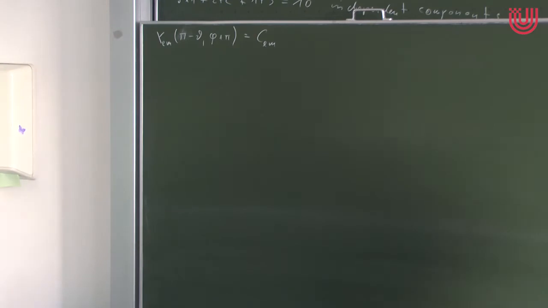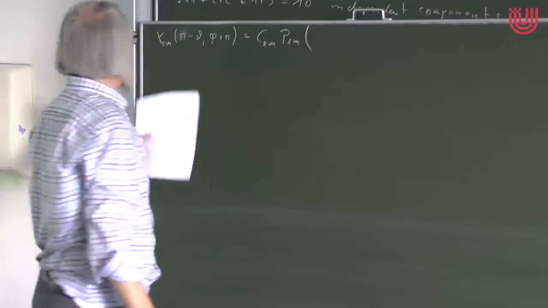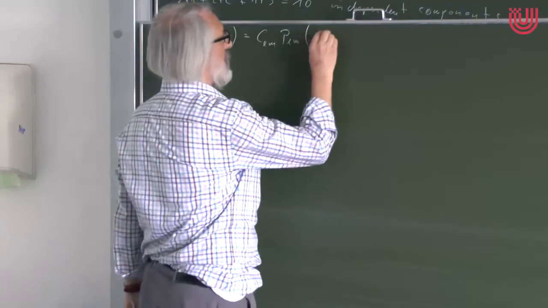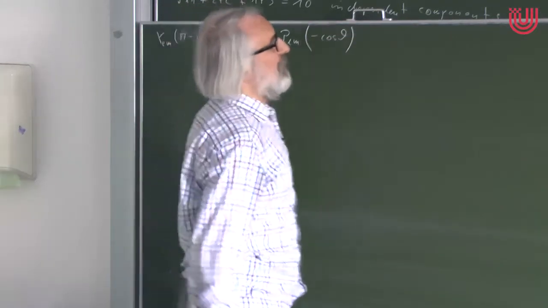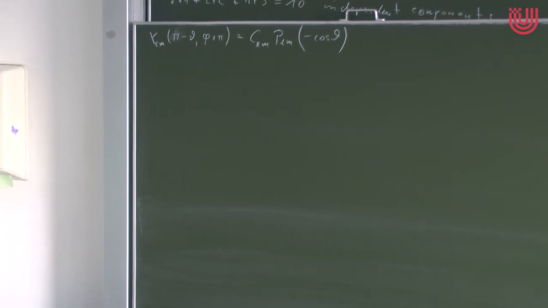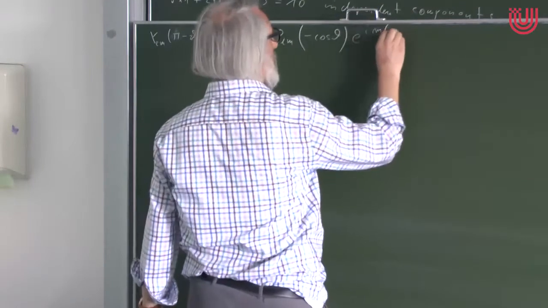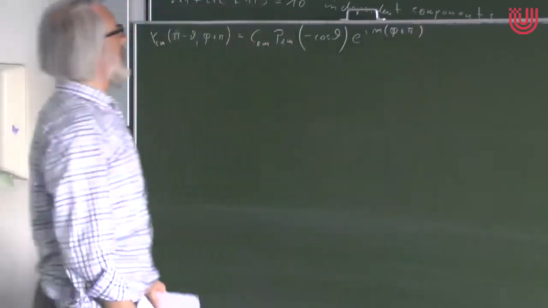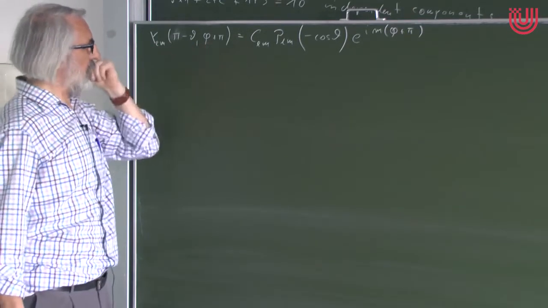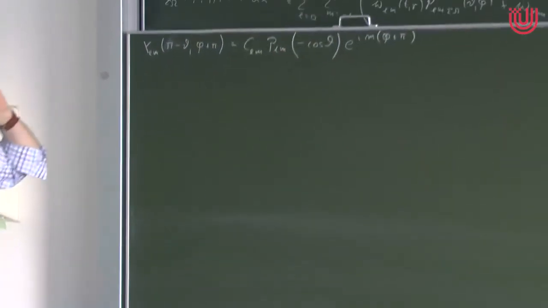P_LM of cosine of pi minus theta is P_LM of minus cosine theta, right? And if I replace phi by phi plus pi, then I get e to the i m (phi plus pi) in the exponent. And I have to compare this with Y_LM at the original position, theta and phi. And the claim is that I just get a factor (-1) to the power L.